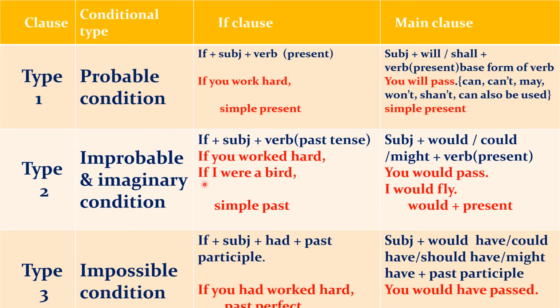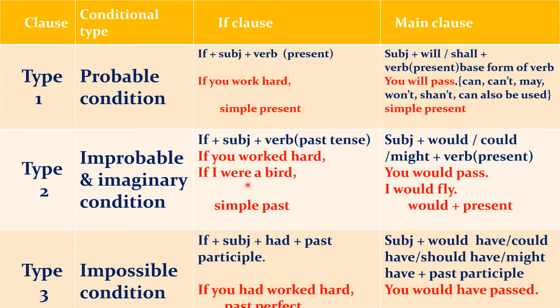See the structure: if plus subject plus simple past tense. Here subject plus would plus verb, that is V1. In improbable or hypothetical condition, if we use if I, we must use were only. Were is correct.